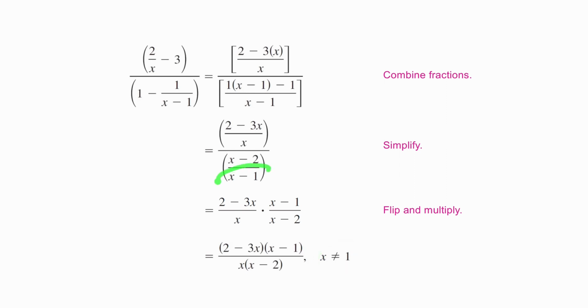So since I moved the x minus 1 when I flipped and multiplied, I do stipulate that x cannot be equal to 1. But that's the only caveat. And then I can just leave this. I don't even have to multiply it out. I just leave it as is and stipulate that, remember, x minus 1 used to be in the denominator, so it cannot be 1.